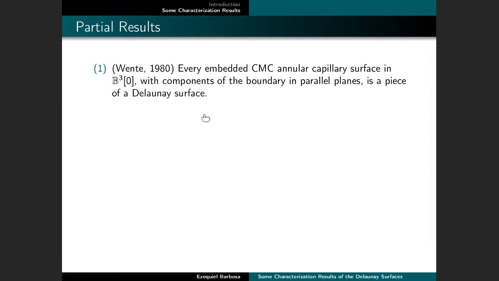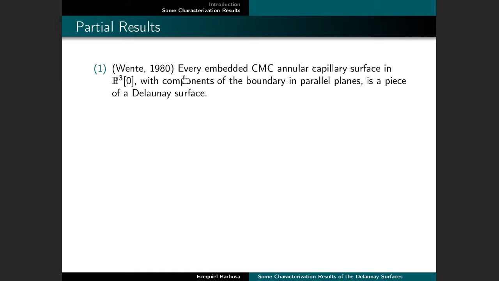Here we have this very classical result due to Wente. Actually, Wente worked with CMC surfaces inside a slab, but of course, if you are in the situation where the embedded annular capillary surface in the ball has the boundaries as planar curves and the planes are parallel, then it should be a piece of a Delaunay surface.